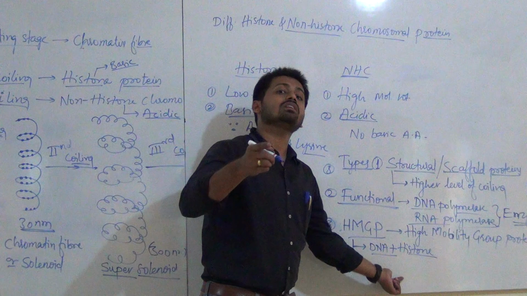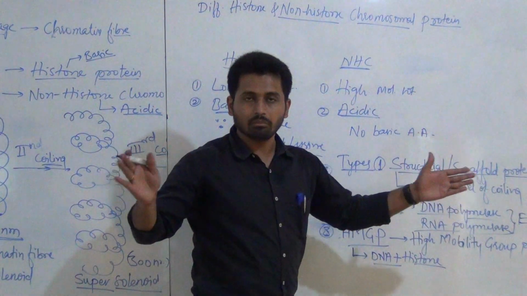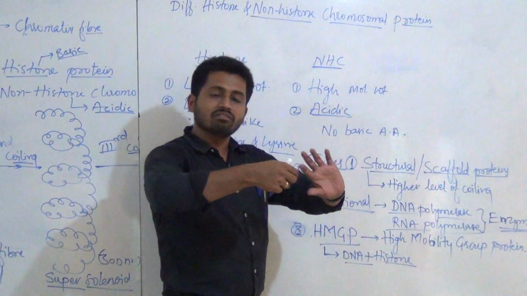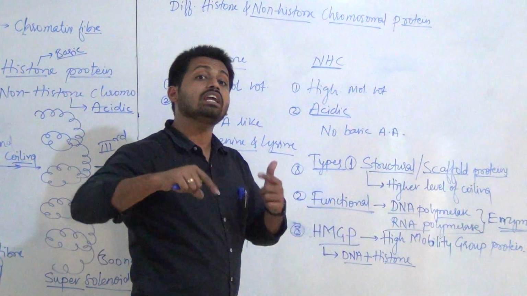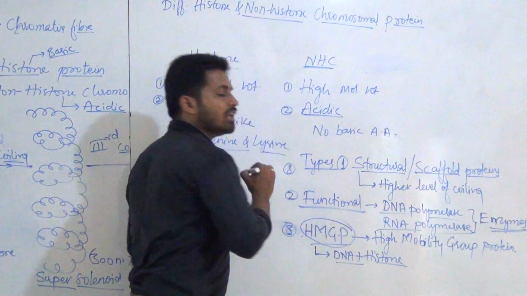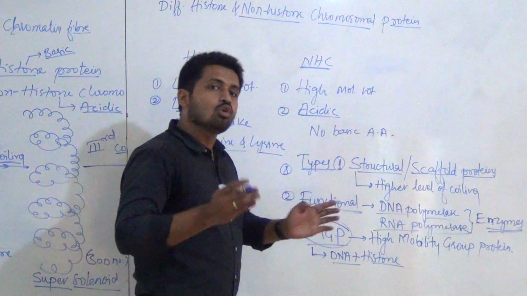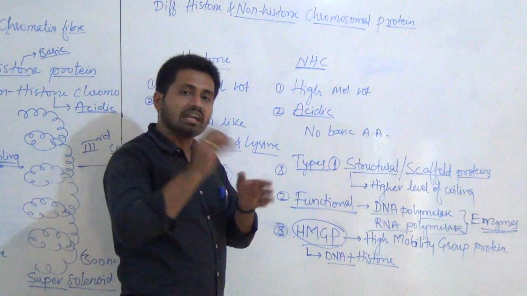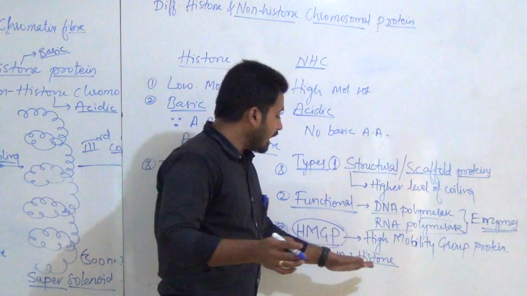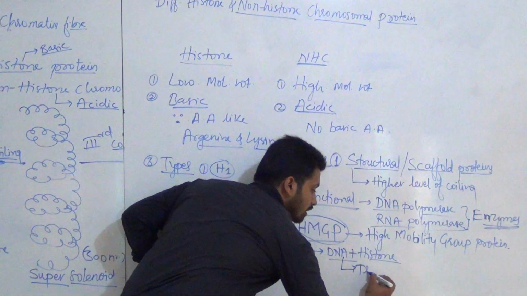So if transcription is to occur, these two have to become free. The DNA wrapped around the histone should become free from the histone, and then only can it undergo transcription. Here high mobility group proteins play a very important role. They go towards the nucleosome and hit it, causing separation of DNA and histone, and then DNA is able to undergo transcription.